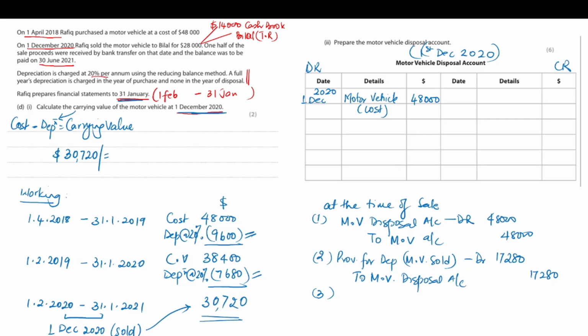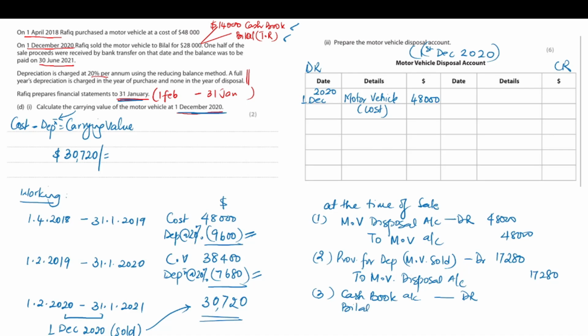Now third is whatever money is received. Partly, as I mentioned in the beginning, they have received 14,000 in cash and partly a trade receivable. Bilal, he'd be paying later. So whatever comes in, we are going to debit the cash book, or you can just say bank, and debit trade receivable because he still has to pay.